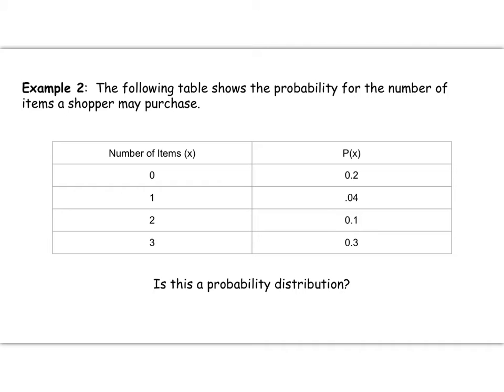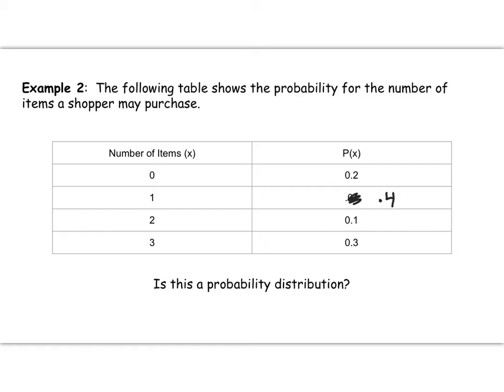The probability of purchasing 1 item is 0.04, and the probability of purchasing 2 items is 0.1, and, I think this is a mistake, this number here should be 0.4. That's a typo. All right, and then the probability of purchasing 3 items is 0.3.